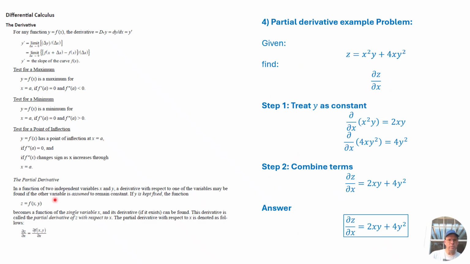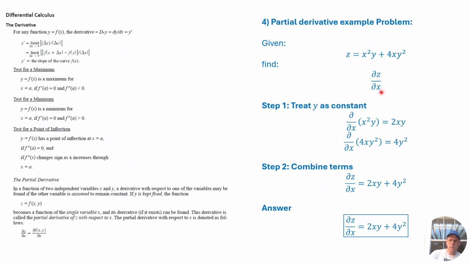And they have this partial derivative mentioned here, so we'll do an example. Let's say you're given this equation here. Find the partial derivative with respect to x. So you're going to treat y as a constant in this case, and take the partial derivative of x.